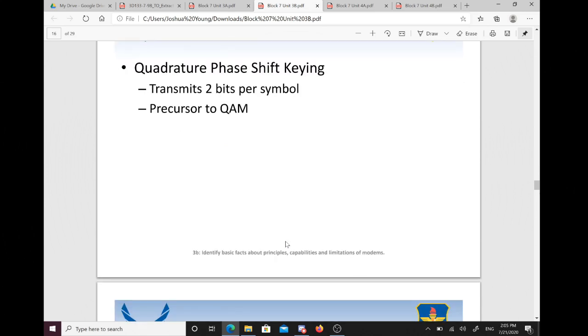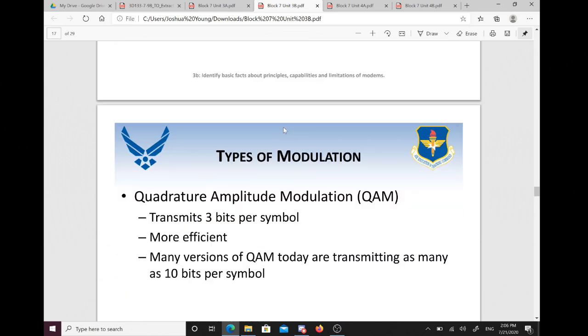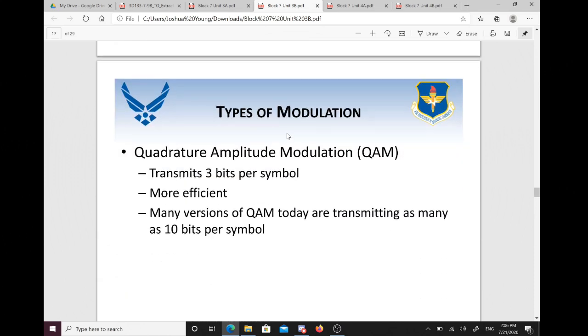In your quadrature phase shift keying, we're getting up a little bit better, your more efficient transmissions now. This transmits 2 bits per symbol, and quadrature phase shift keying is also considered a precursor to quadrature amplitude modulation. Our last type of modulation that we'll talk about, your quadrature amplitude modulation, transmits 3 bits per symbol, up to as many as 10.